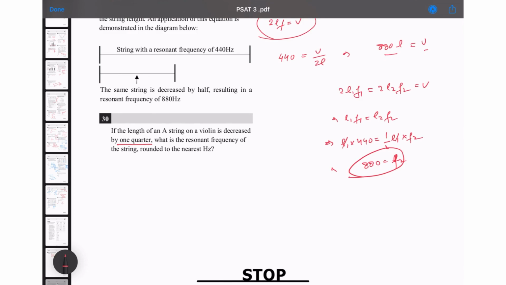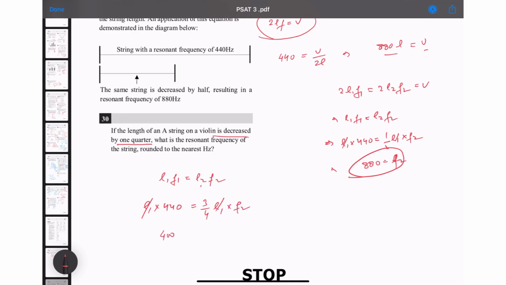Now they are saying when it is decreased by 1/4, it becomes 3/4. So again L1 F1 equals L2 F2. Here L1 will remain L1. This is 440, which is initial. This is decreased by 1/4, so it has 3/4 of L1 times F2. Now we need to find F2. L1 cancels out.